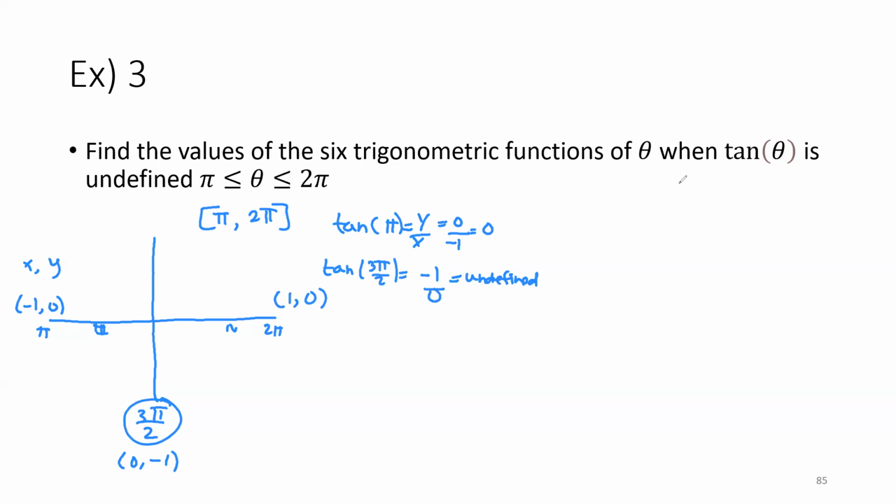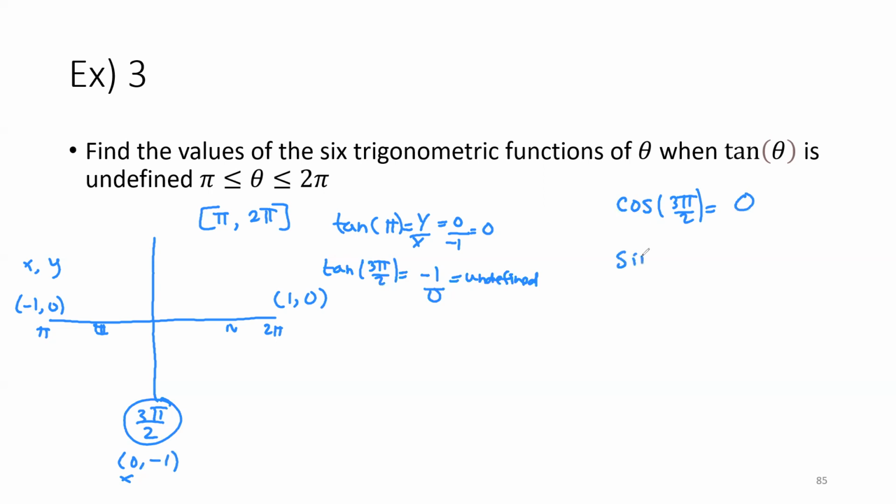the 6 trigonometric functions. So the good news is 3 pi over 2 is within the unit circle. So let's find cosine of 3 pi over 2. The cosine of 3 pi over 2 is technically just the x coordinate because it is a degree within the unit circle, so you don't have to do too much calculation.